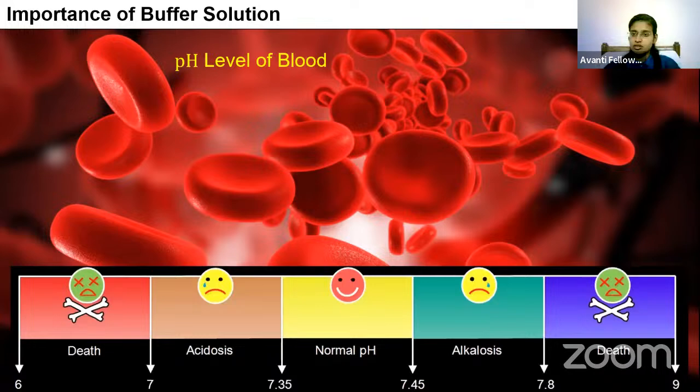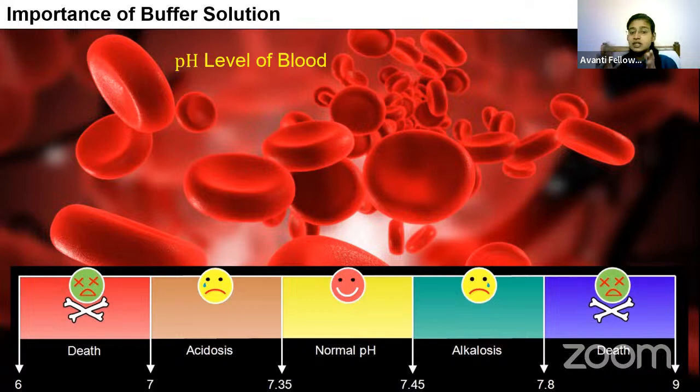Janvi, very good. It is above, so your answer is correct, but not exactly. The normal pH value ranges from 7.35 to 7.45. If it goes less than 7.35, it is called acidosis, I mean 7 to 7.35.